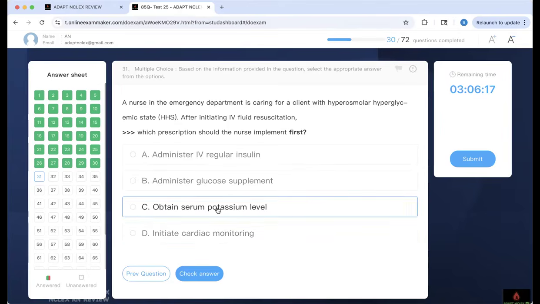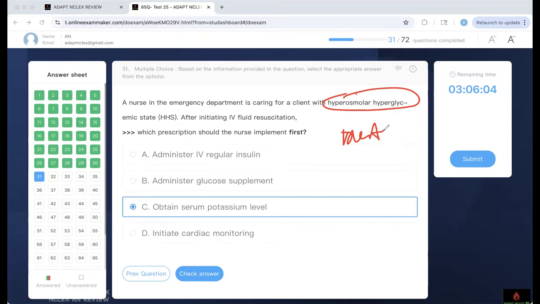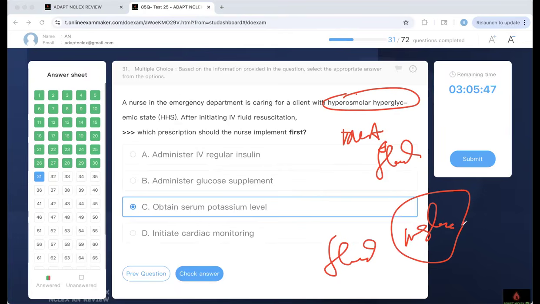I can tell you the right answer is potassium. Why? Let me break it down for you. First, HHS is like DKA, same thing. They come in dehydrated, they are hyperglycemic, you got to monitor them. You got to start with fluid. After you give them fluid, before you give them insulin. So fluid first, then insulin. But whenever you're going to give a patient insulin, you got to make sure their potassium is normal.